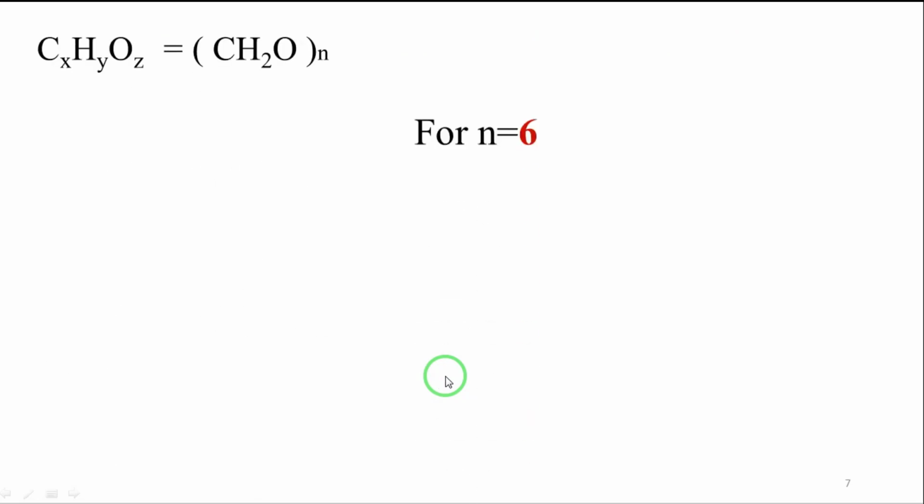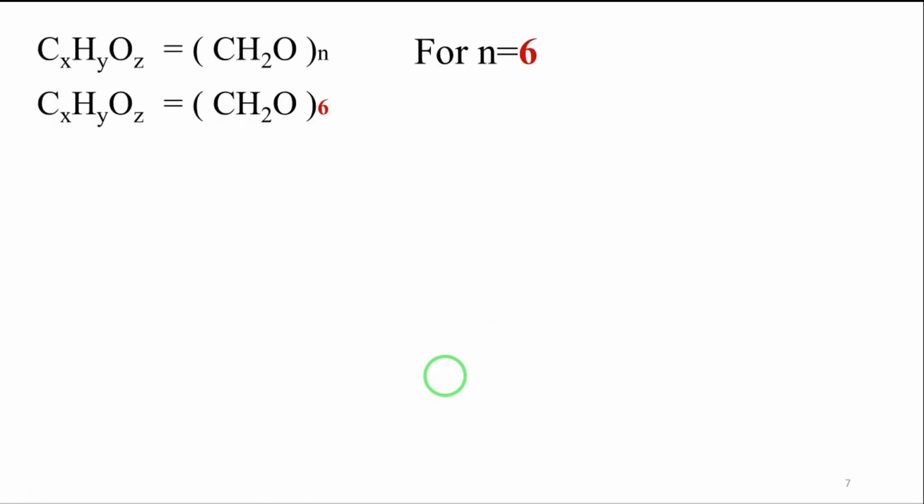So for n equal to 6, the molecular formula is equal to the empirical formula multiplied by 6. So now, in order to deduce the molecular formula, you have to calculate x, y, and z.